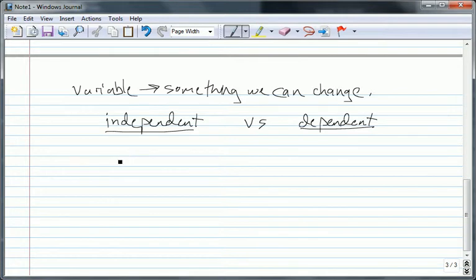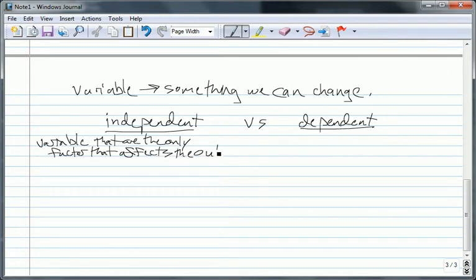Independent variables are variables that are the only factor that affects the outcome.